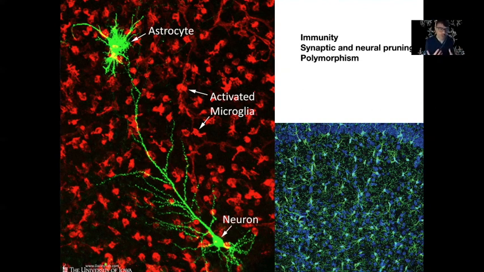To do so, they're able to literally change their shape according to whether they're doing a synaptic pruning, a neural pruning, or doing the immunity, through a technique that we call polymorphism. At the bottom right, you have another picture of the microglia. They're in dark blue right next to other cells.